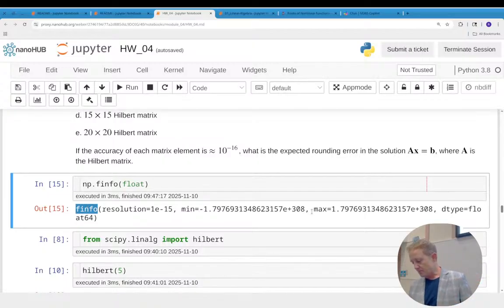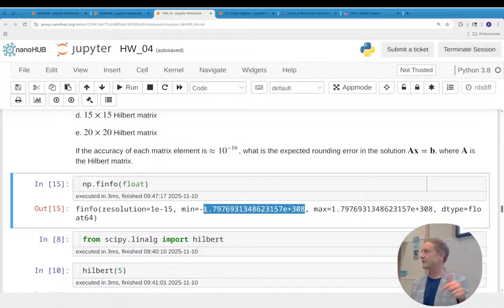So it's telling us the smallest number we could possibly put in there is negative 1.8 times 10 to the 308, and the biggest is 1.8 times 10 to the positive 308. So if we tell the computer to store 2 times 10 to the 308, it'll do its best, but it's probably going to round it back down to this number.